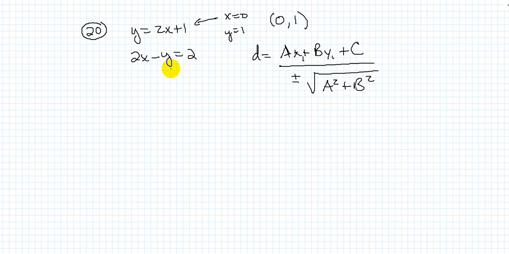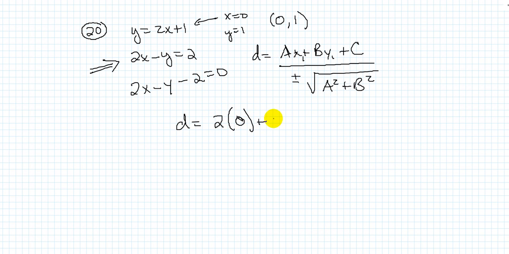Okay, so I need to put the other equation that I used in standard form, so that's 2x minus y minus 2 equals 0. So the distance is equal to a, which is 2, x1, which is 0, plus b, which is negative 1, minus c, or plus c, which is negative 2.